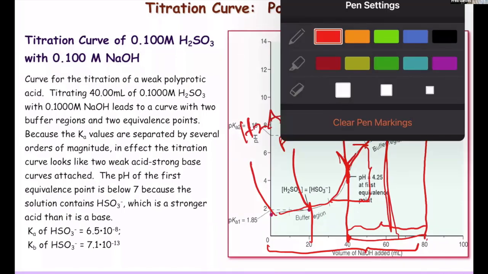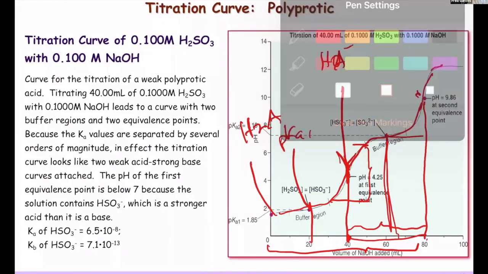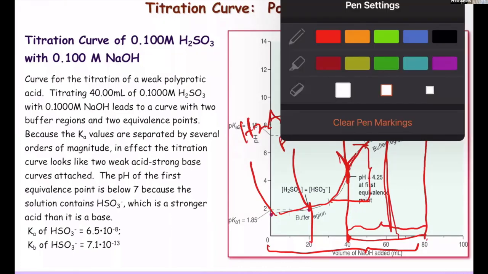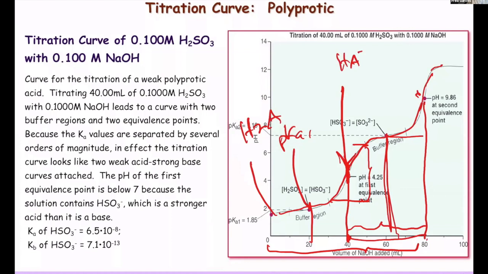The first hydrogen has been stripped off. And from here to here, the second hydrogen is coming off. So this is the equivalence point; halfway from here to here is going to be 60. So if you read the pH at 60, that's pKa2.